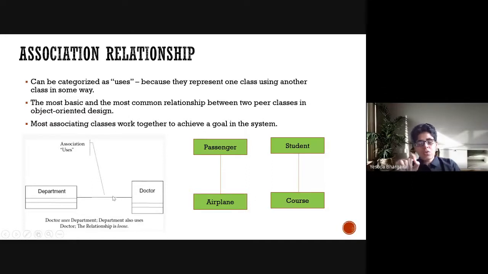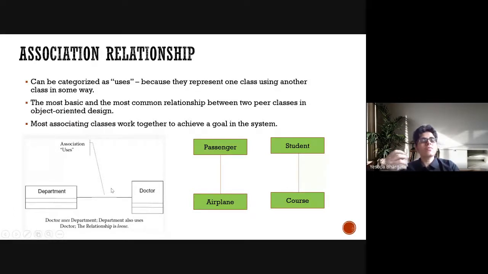When there are no arrows on the association, you can assume it's a two-directional relationship. But when it's a directional relationship, you will need to show the arrow as well. In this example, department is a class, doctor is a class. So department uses doctor, and doctor also uses department.